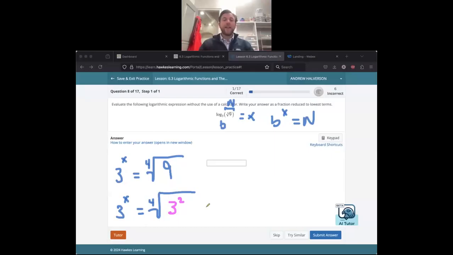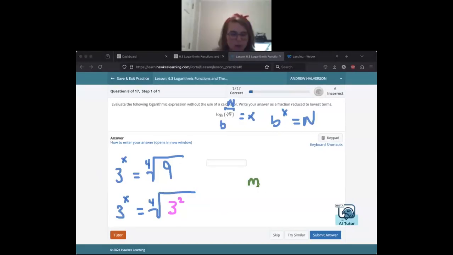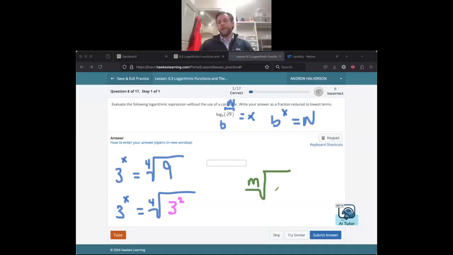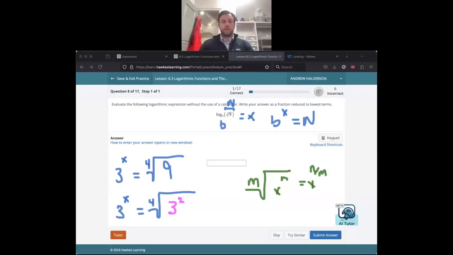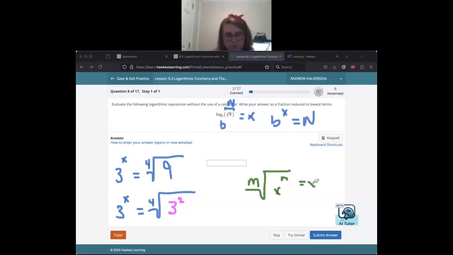Now convert the radical to a fractional exponent. Remember the process: the root of the radical becomes the denominator of the fraction. So how would we do that here?